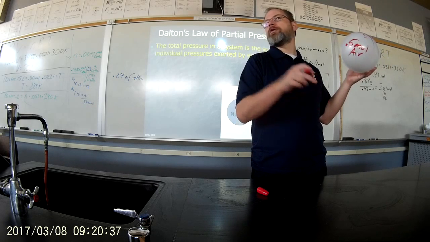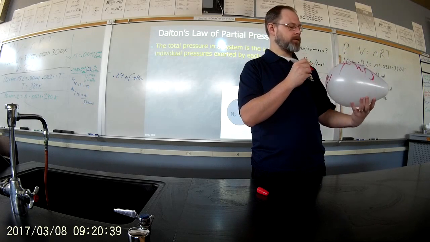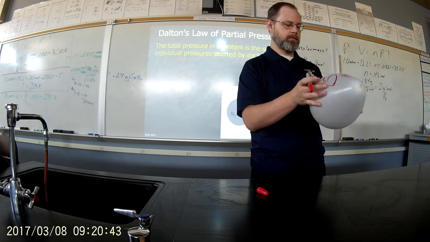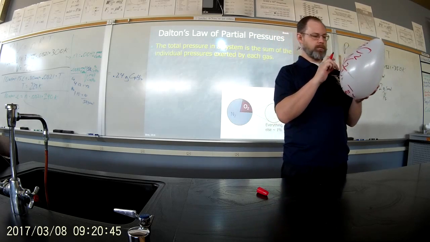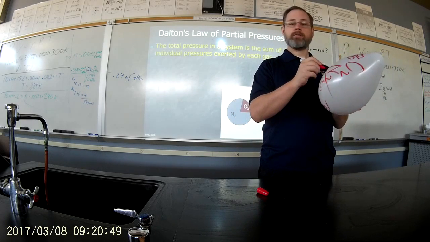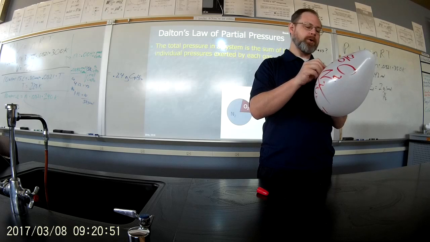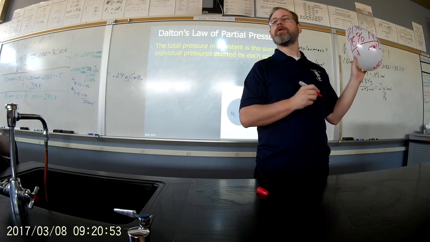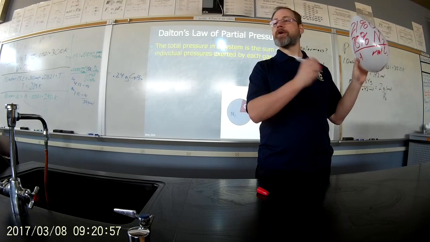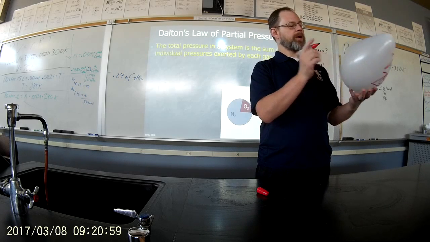You can do your math. You can use your calculator if you want. 0.1? Okay. So about 0.1 moles of O2. In other words, 21% of that 0.5 moles is oxygen. And what about nitrogen?